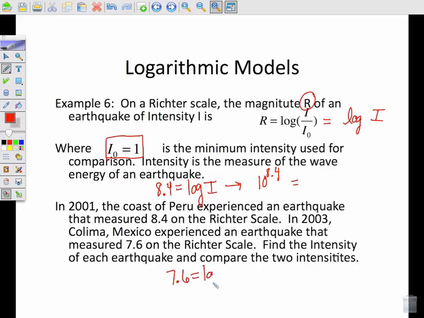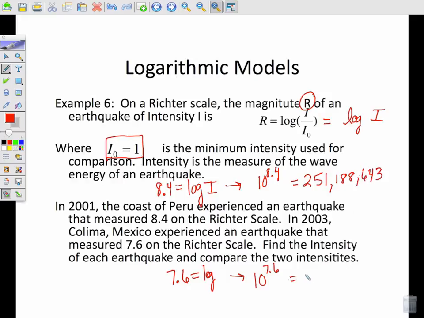And you'd get a result. Now in Colima, it would be 7.6 equals log of I. So that translates into 10 to the 7.6 power. Each of these would give you their intensities.